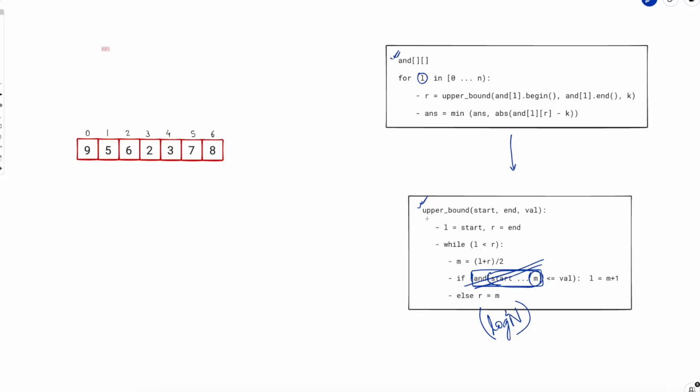So the overall complexity of this entire upper bound will now become order log square n, and the overall complexity of this entire algorithm would become order n log square n, which is sufficient to pass the given time constraint at least, because n is just 10 power 5, so n log square n would be sufficient.